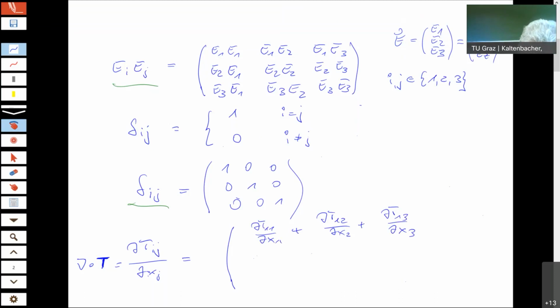And if we take now the second entry of the vector, we have t_{2,1}, again a partial derivative with respect to x1, because j takes on the value 1. Now j takes on the value 2, and here j takes on the value of 3.